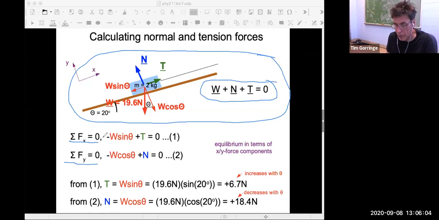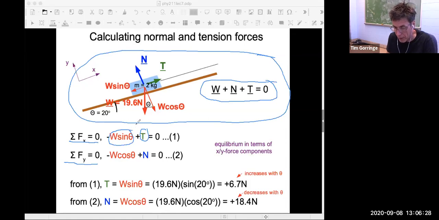So equilibrium applies to the components as well as the force vectors themselves, the x and y components in this problem. So for the x components along the incline here, there's two of them. There's tension, and there's this portion of the weight, W sine theta.